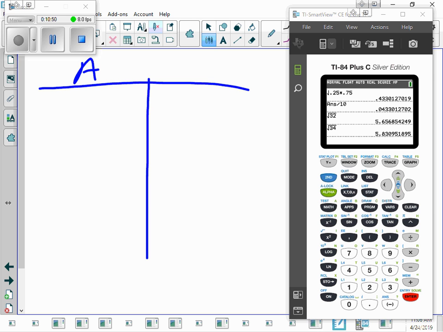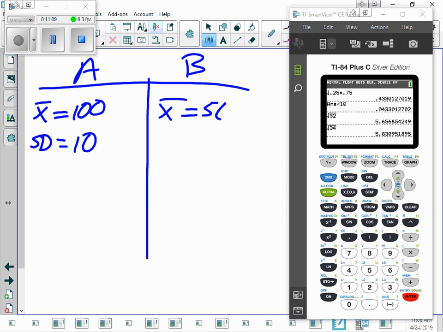Okay. So box A has an average of 100 and an SD of 10. And box B has an average of 50 and an SD of 18.